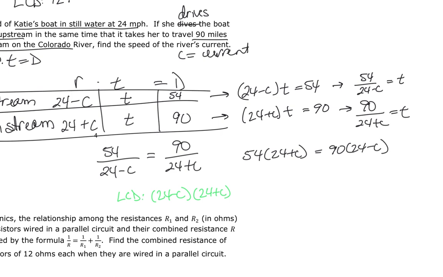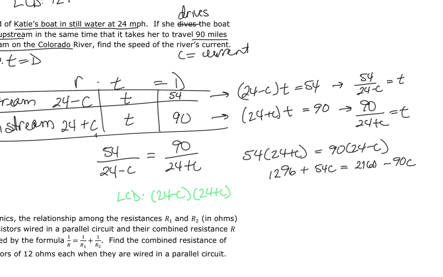I'm going to get my calculator out. And 54 times 24 is 1296 plus 54C. And on the other side, 90 times 24 is 2160 minus 90C. I'll bring the C's to the left and the 1296 to the right.